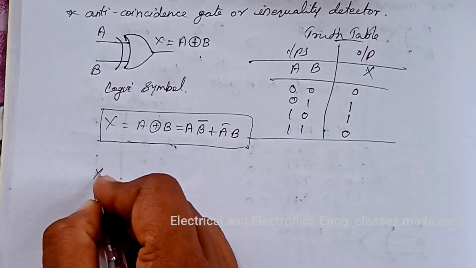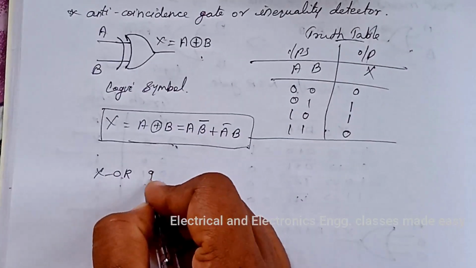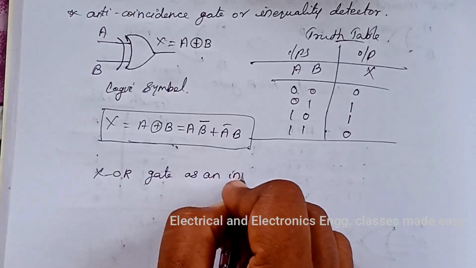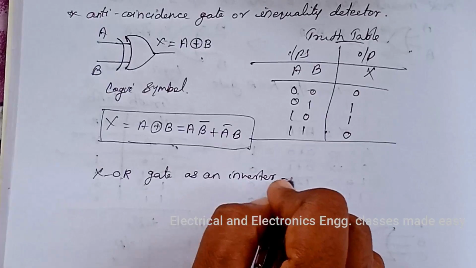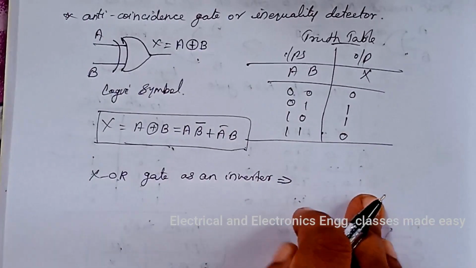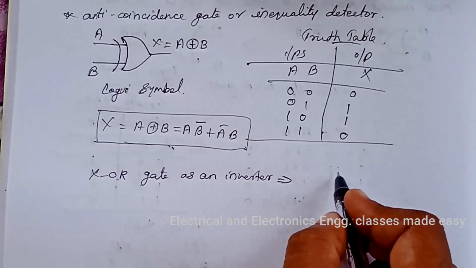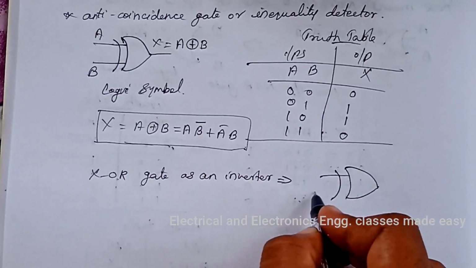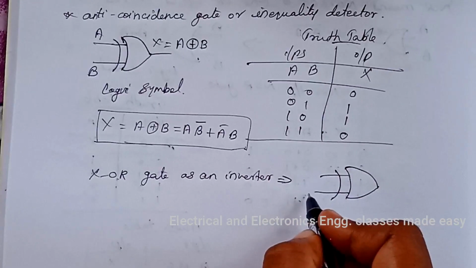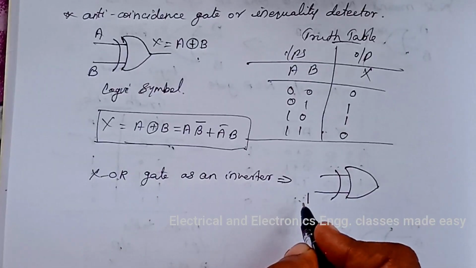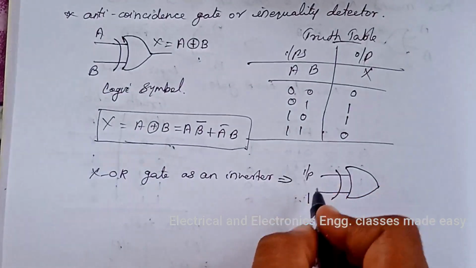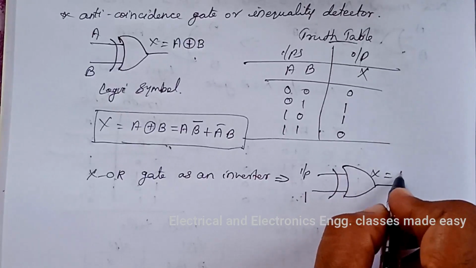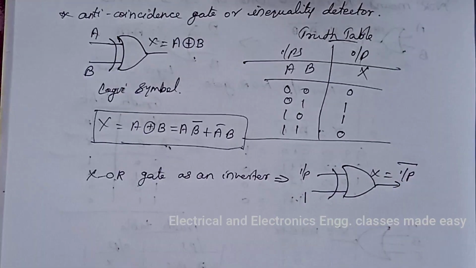And XOR gate as an inverter. XOR gate can be used as an inverter, that is, when one of the inputs is 1, then it will act as an inverter, that is input bar.